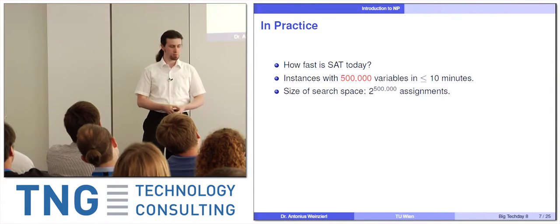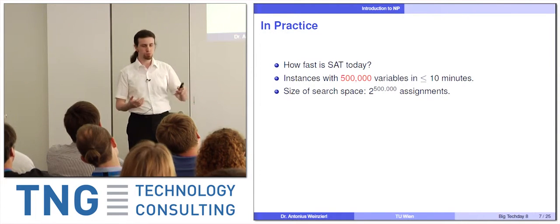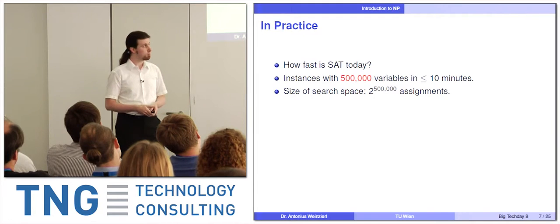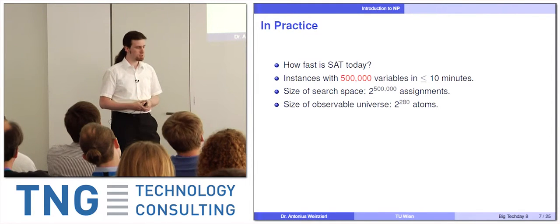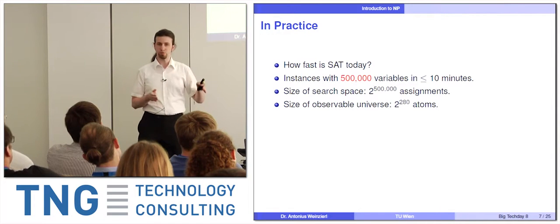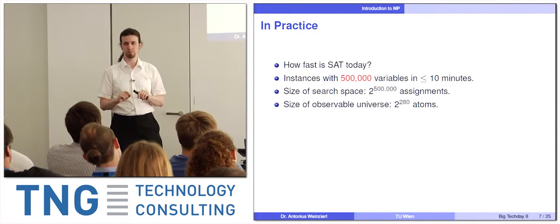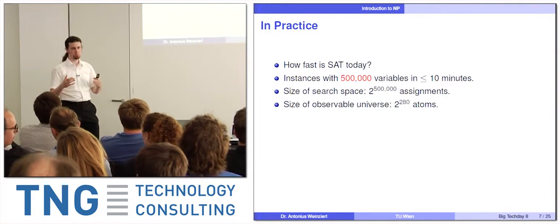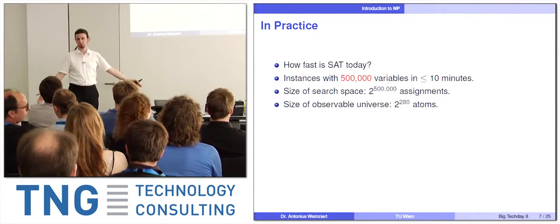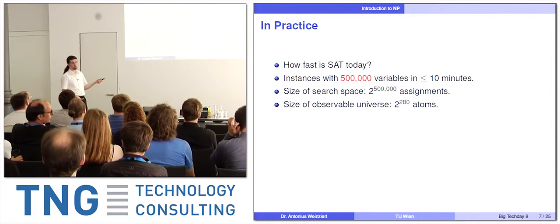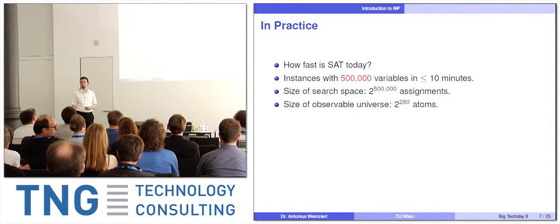This means we have a search space of 2 to the power of 500,000 possible assignments to check. This is huge. For reference, our observable universe contains about 2 to the power of 280 atoms. So we really have to search much, much more than our universe contains atoms, and apparently these SAT solvers today are able to do this.